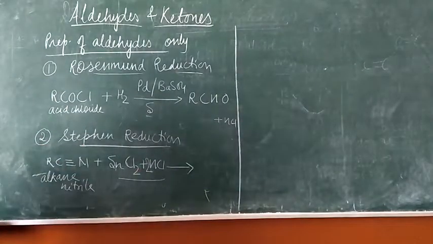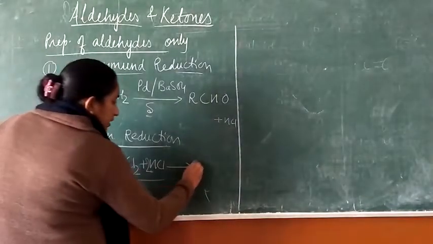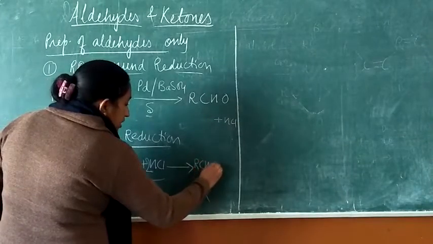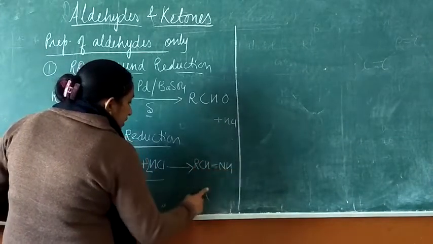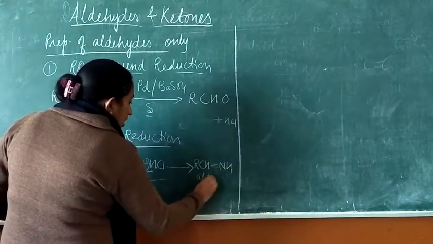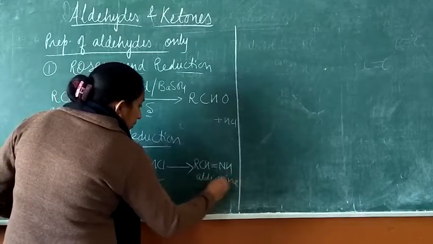At the first step, we are going to get RCH double bond NH, an imine.